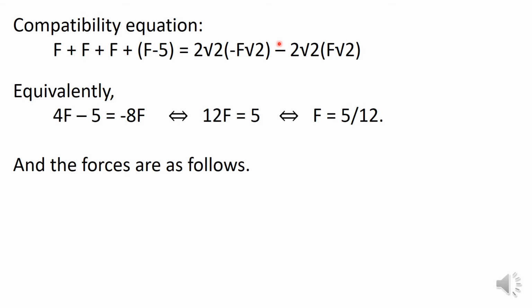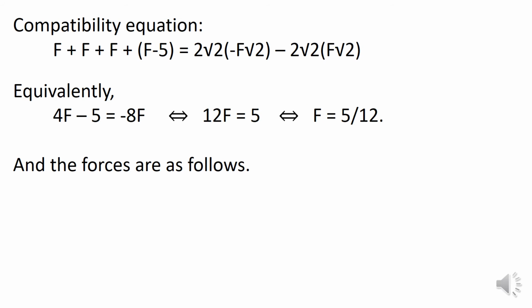Usually I would have written this plus and the minus inside, but I've taken it outside right away. Anyway, this gives you minus 8f on the right hand side, same 4f minus 5 on the left hand side, which is 12f equal to 5, or f equal to 5 over 12.